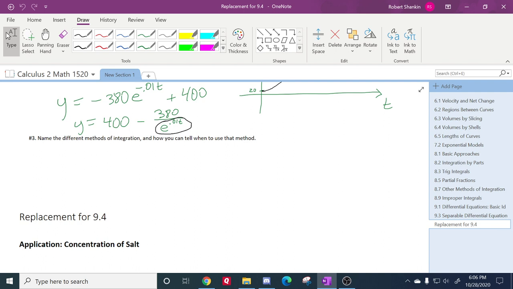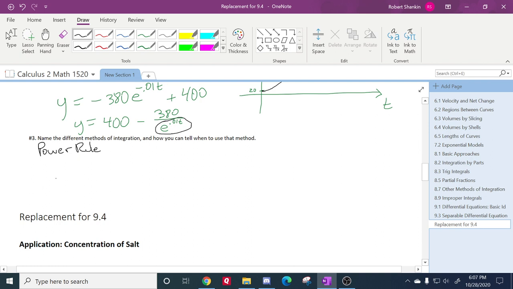And let me ask group 7, what do you have for different methods of integration? And how can you tell when to use a method? Well, the ones I started with, I'm not sure if this is all of them or not, but I had just direct integration, like if you just had x cubed plus x squared. Okay, there's a name for that, and that's power rule. Power rule for integration.